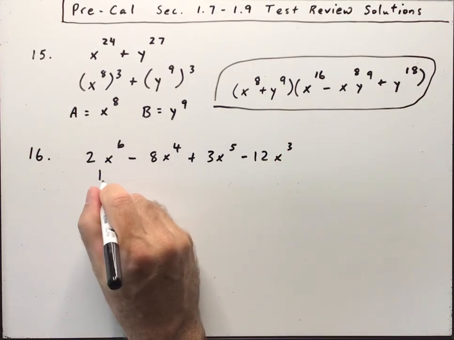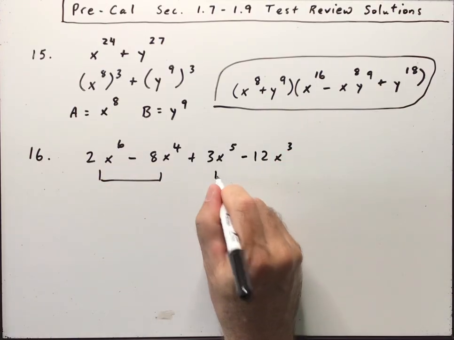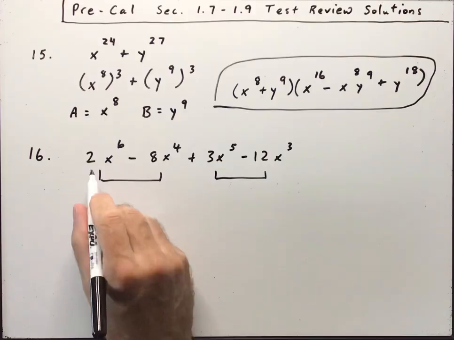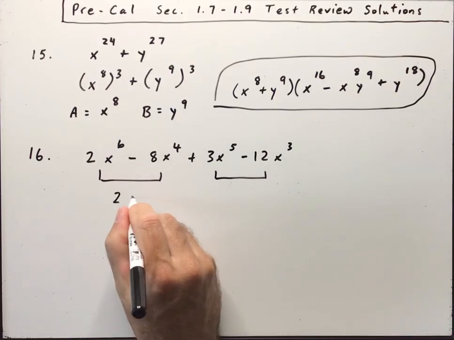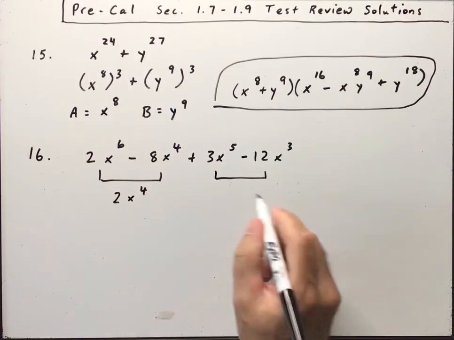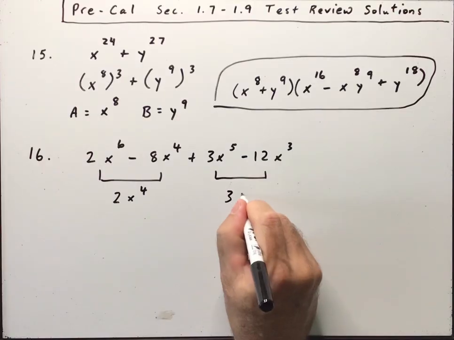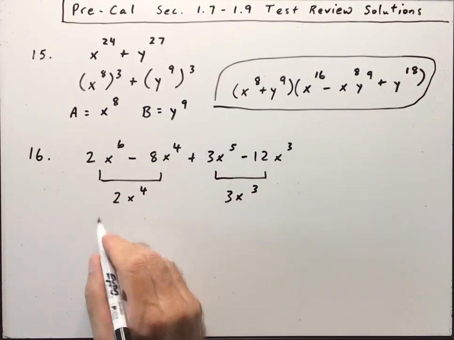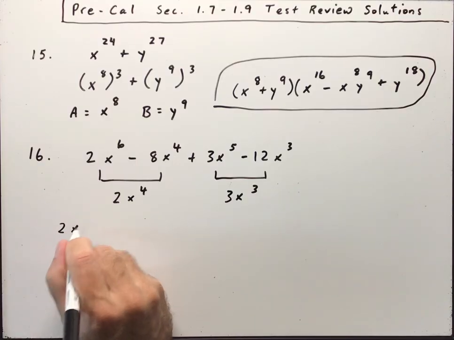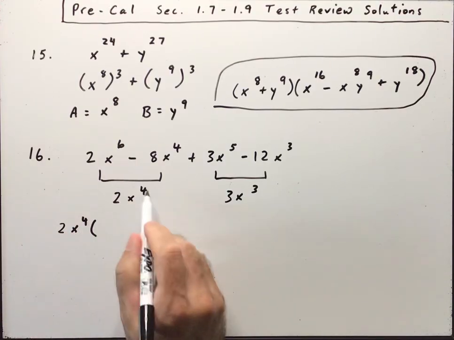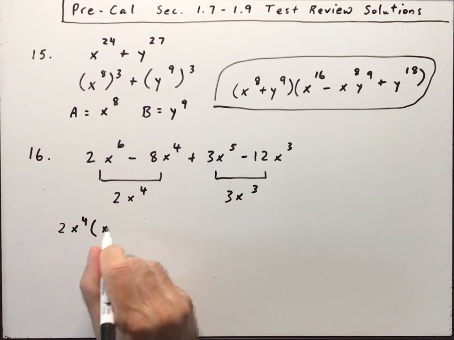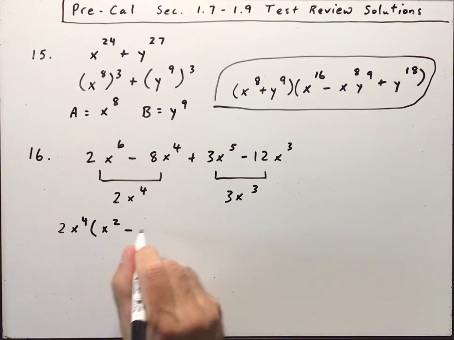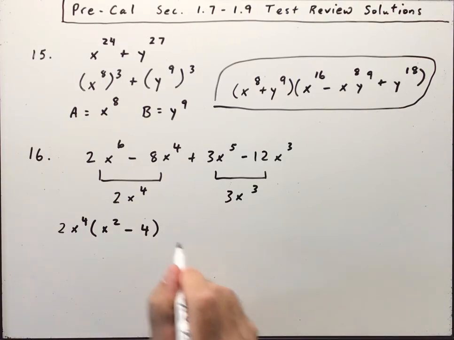All right, so let's factor by grouping first. So that's going to be a 2x to the 4th for this group and 3x cubed for this group. When you do 2x to the 4th, what's left would be x squared minus 4.